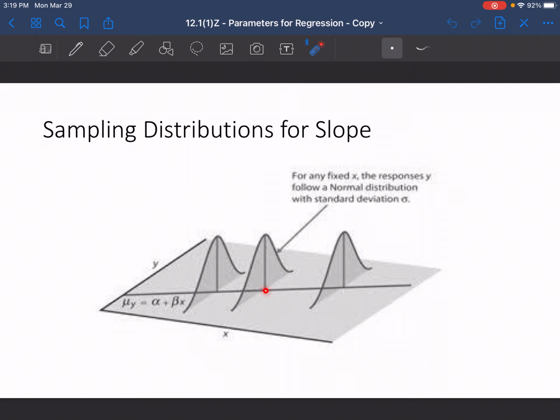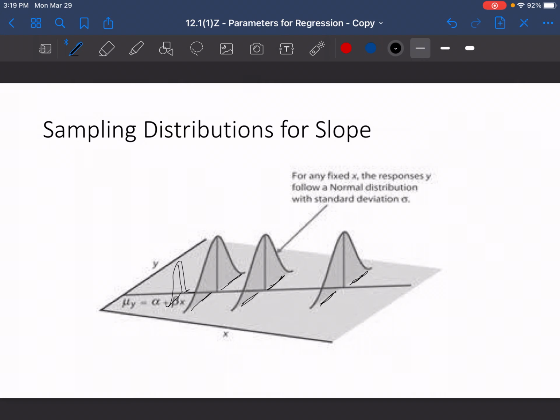Because each one of those centers falls on that line, what you need to know in order for this to be considered a normal distribution is that each one of those must have a standard deviation that's approximately the same width as the other sample standard deviations. So what that means is you can't have a curve that's like 20 times skinnier than this curve right here. They all have to have about the same spread in order for this to be considered normal.